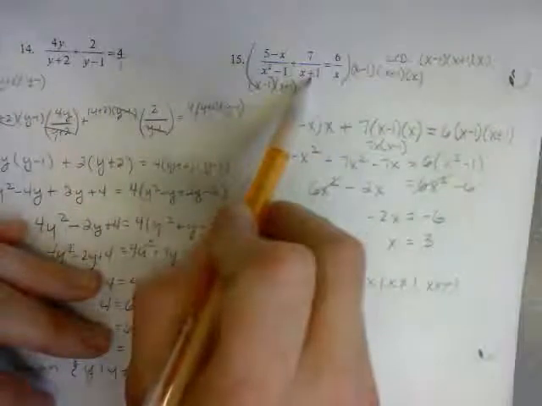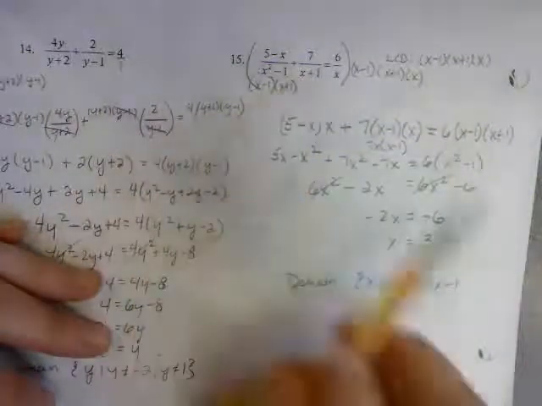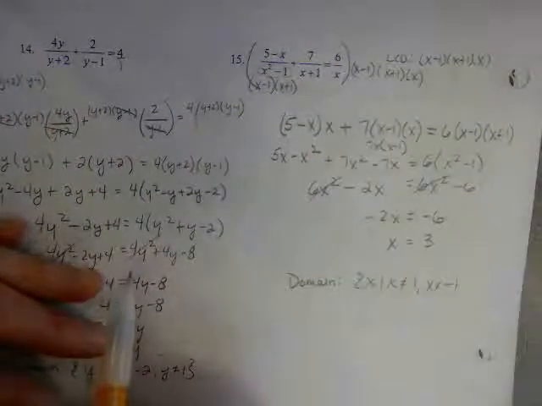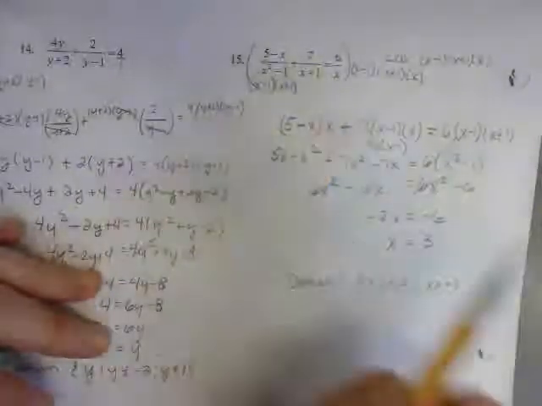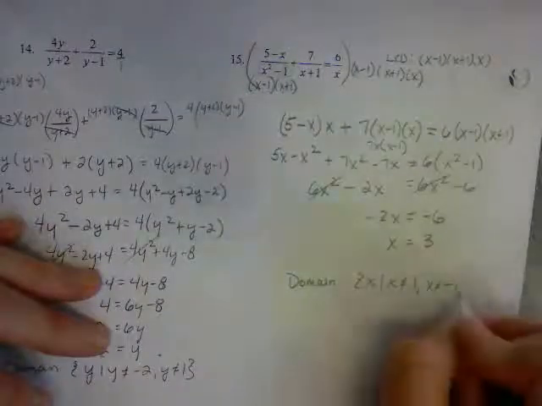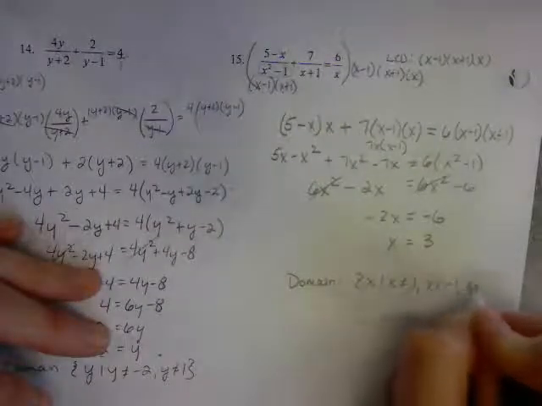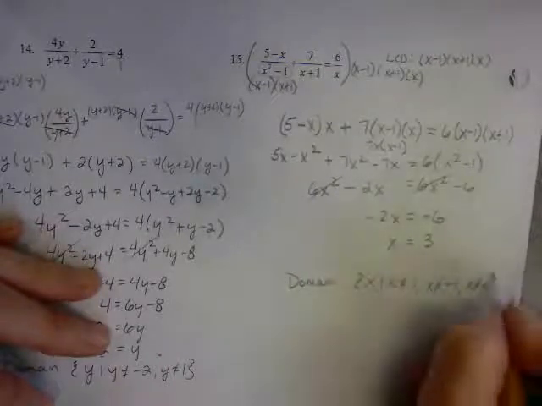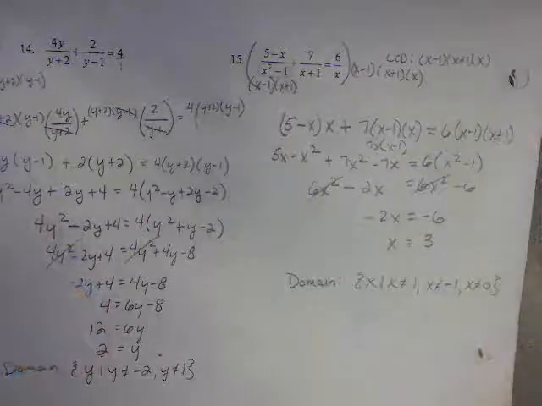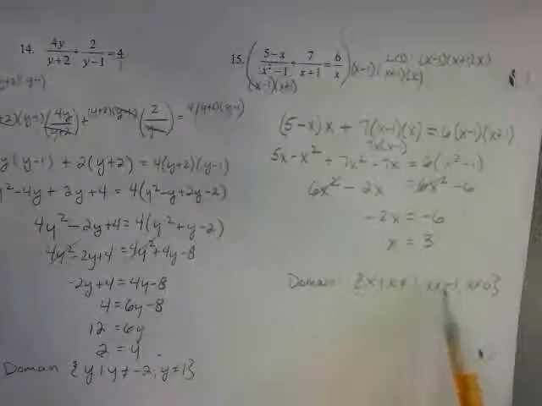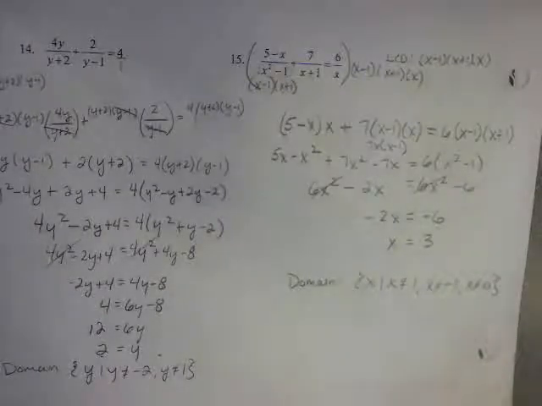In this denominator, negative 1 again makes it 0, so since I already have it written, I don't need to write it again. But this denominator has just an x, so the number that makes that 0 is 0, so x cannot equal 0. So our domain cannot include positive and negative 1 and 0. Since 3 does not qualify, it is a solution to this problem.